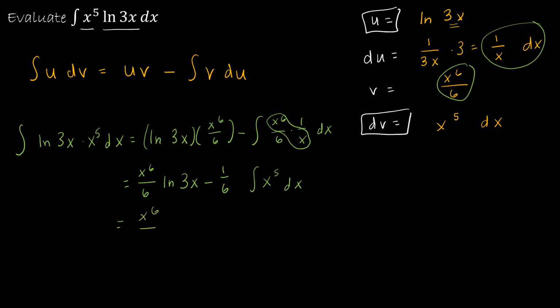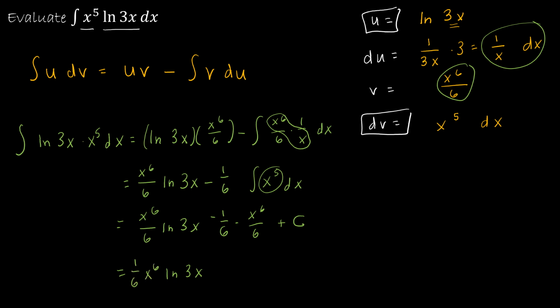So x to the 6th over 6 natural log of 3x minus 1/6. What am I going to get here? Again, using the power rule, I'm going to get x to the 6th over 6 and then plus c. So my result is x to the 6th over 6 natural log of 3x. And of course, if it bothers you to write it that way, you can write 1/6 x to the 6th.